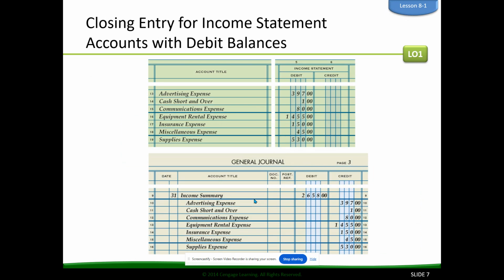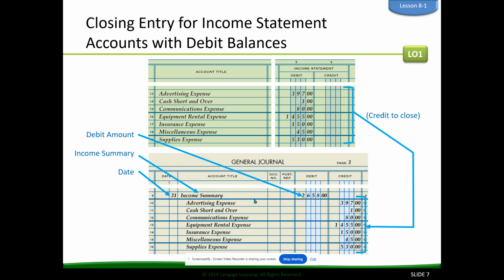All right. My second transaction is closing all of my expense accounts. So notice in the income statement, all of my expenses are debits. What they also give us in the income statement is the total of the debits. So, in order to make all of my debits 0, I have to credit them.